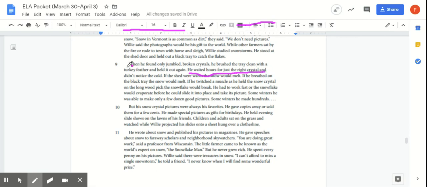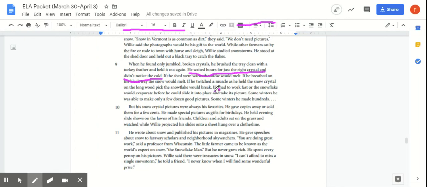That means that Willie was willing to be uncomfortable and wait hours just for the right crystal. If the shed were warm, the snow would melt. If he breathed on the black tray, the snow would melt. If he twitched a muscle as he held the snow crystal on the long wood pick, the snowflake would break.